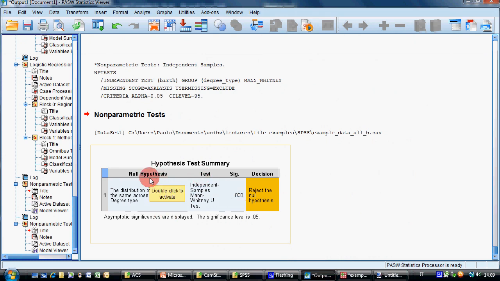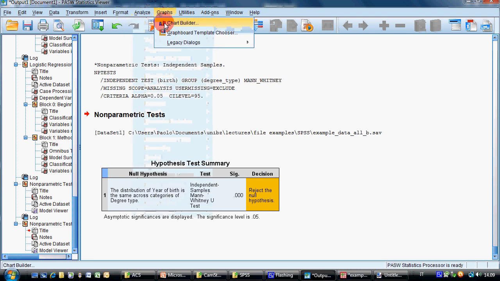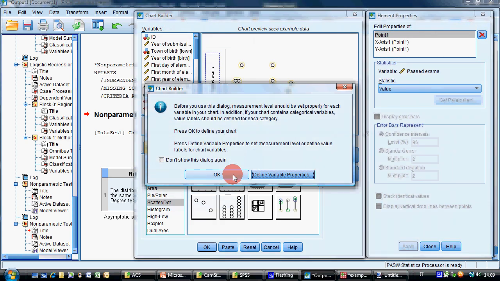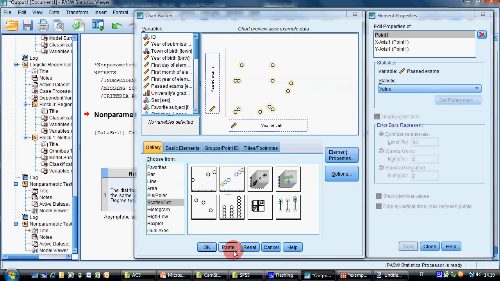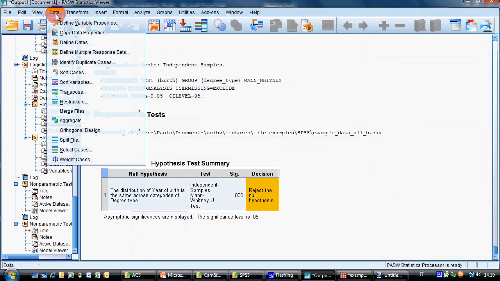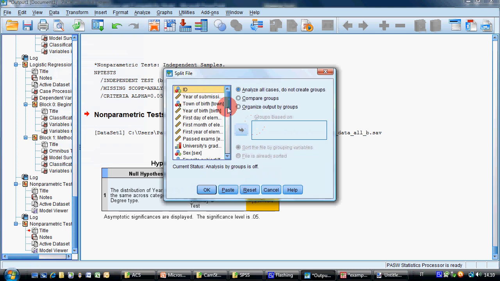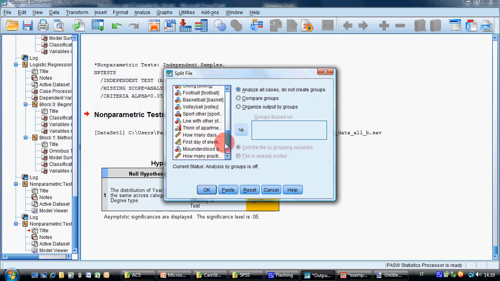In order to get to know it, I will have to plot the two histograms. So if you really want to know in which direction, you should cancel. You should split your file by degree type.